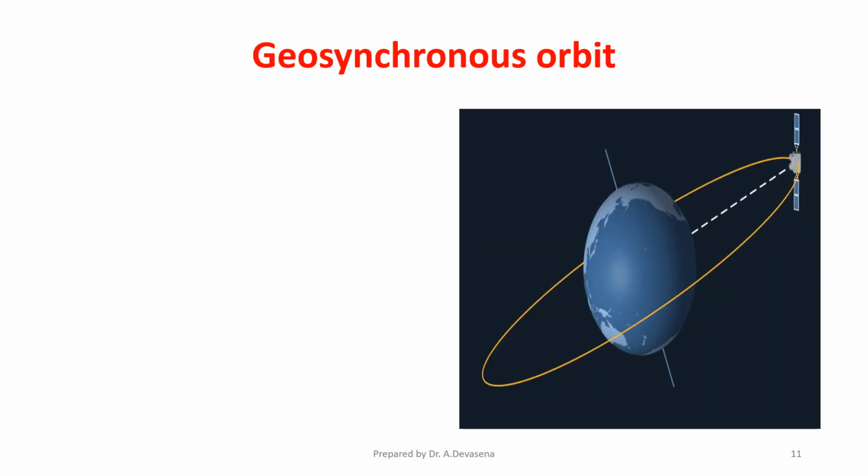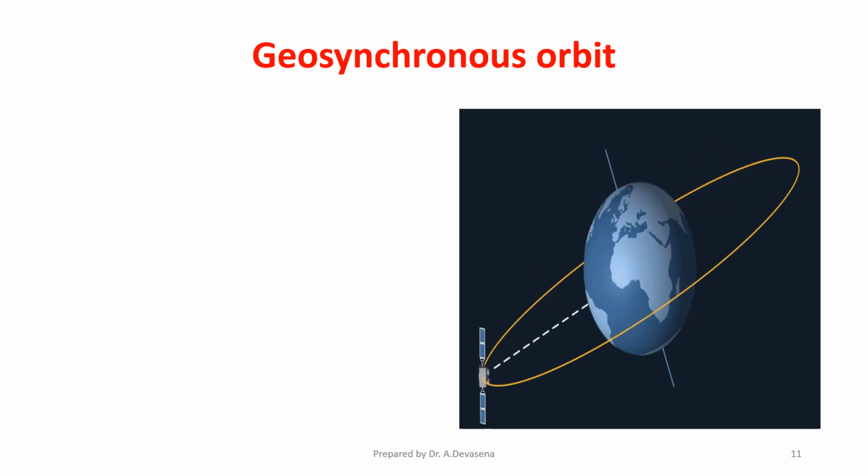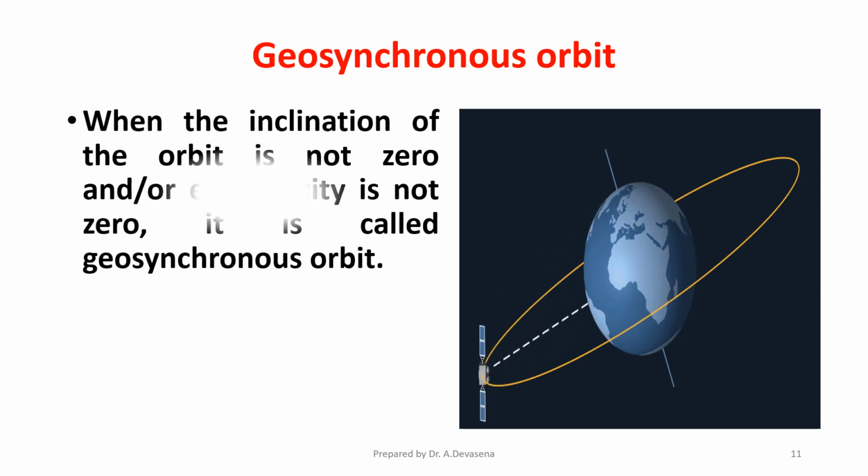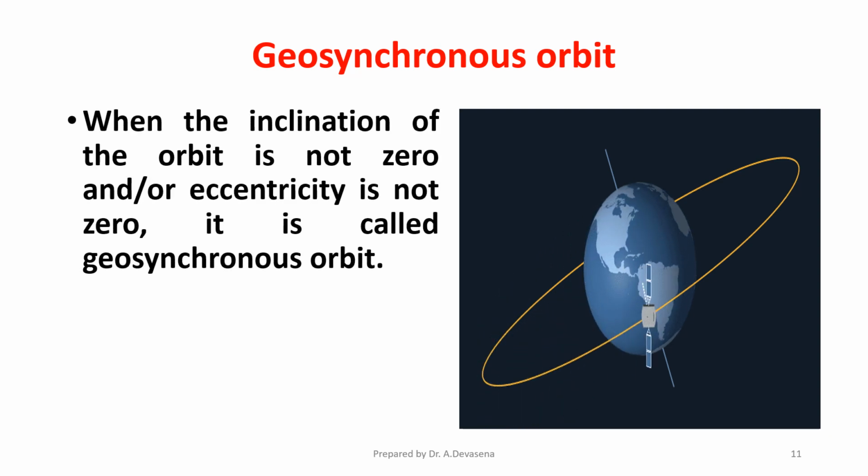Geosynchronous orbit. When the inclination of the orbit is not zero and/or eccentricity is not zero, it is called geosynchronous orbit. The period of a geosynchronous orbit is equal to the period of revolution of the Earth about itself.